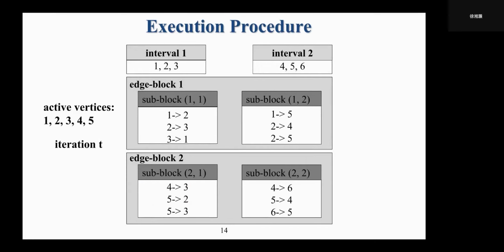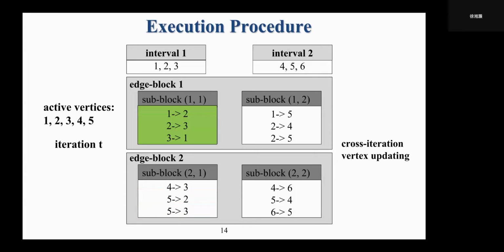When the number of active vertices is large, GraphSD sequentially loads all edges into memory when processing each subblock. After the vertices in an interval are updated, GraphSD can perform cross-iteration vertex updating to update the vertex values in the next iteration. For instance, after subblock 11 and subblock 21 are processed, the vertex values of interval 1 in iteration t are updated.